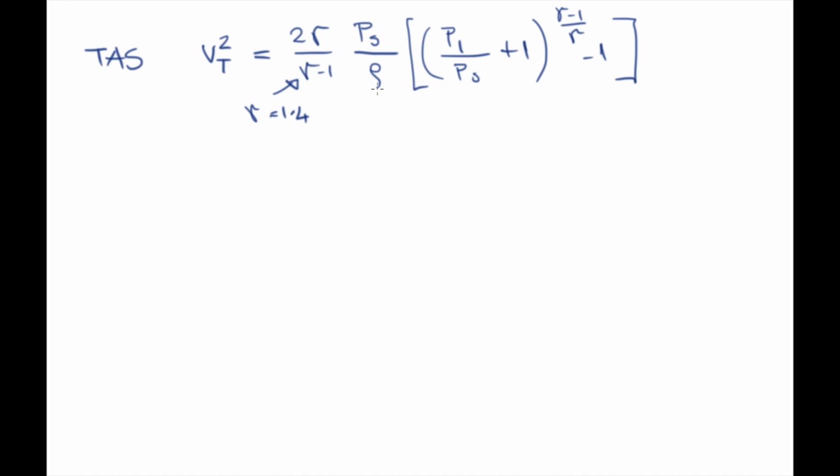Now, one of the issues with this equation is that the only thing we can reasonably reliably measure is this impact pressure from the Pitot-static system. In fact, on a simple aircraft, most light aircraft, the airspeed indicator really is a pressure gauge.